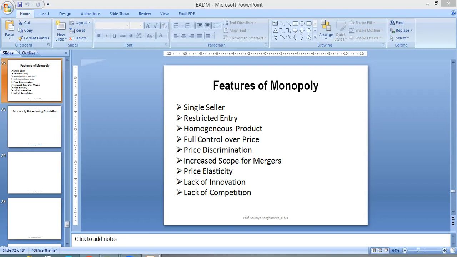Then, full control over price. In a monopoly market, with restricted entry and no competition, the monopolist exhibits full control over the market condition. The absence of competition spares the monopolizing company from price pressure and grants him the opportunity to change the product price as per his advantage, targeting profit maximizing and vice versa.